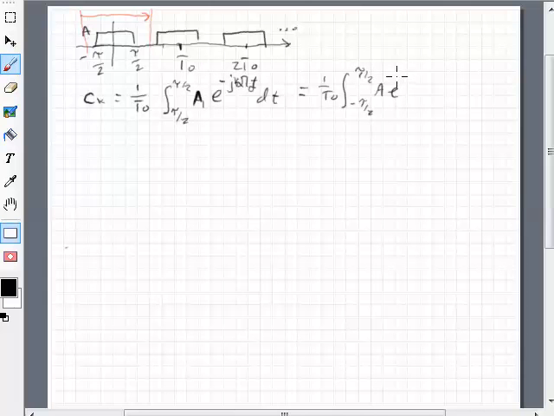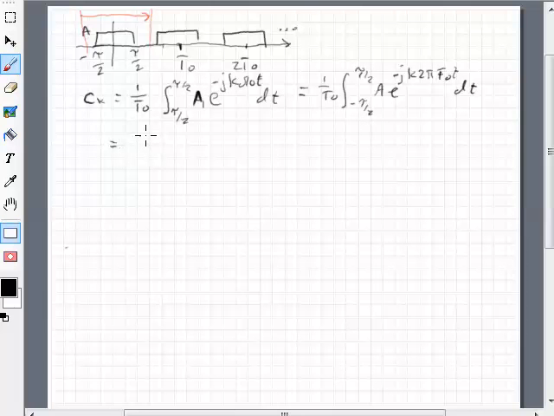I'll write it correctly here. e to the minus j k 2 pi f naught t dt. Okay, so there's what I'm going to use. There's a k omega naught there that I kind of goofed up. I should probably fix that, shouldn't I? Yeah, I'll fix that. e to the minus j k omega naught t. Okay, we're going to evaluate this one.